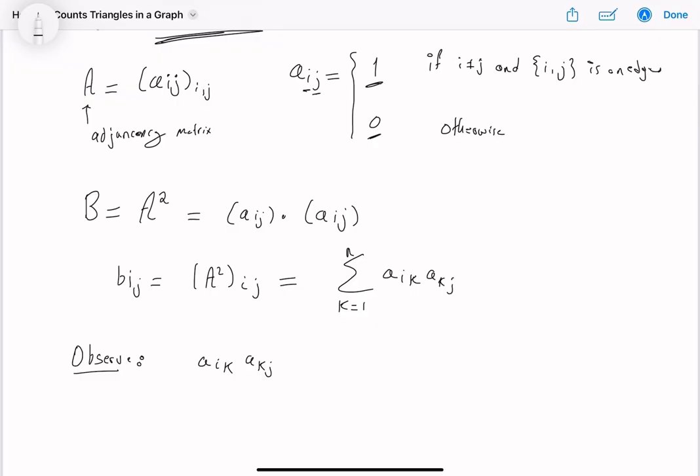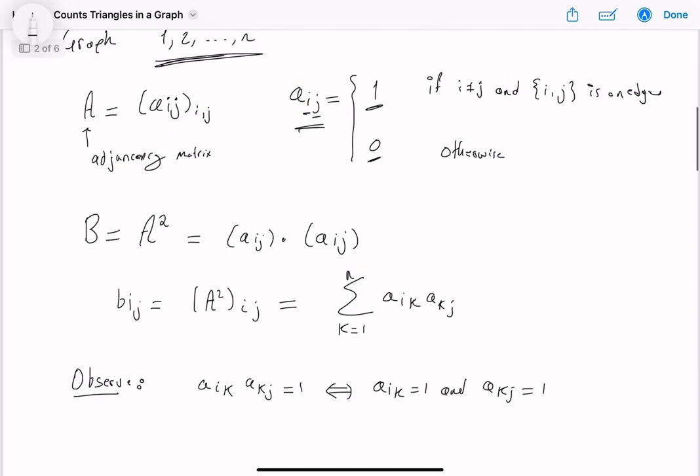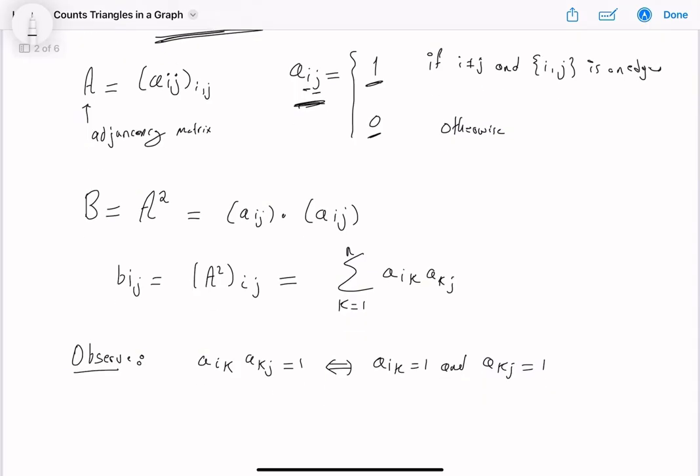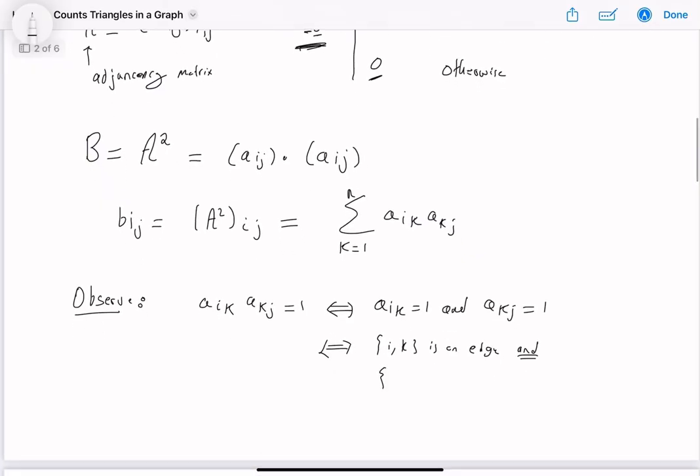This is gonna be 1 if and only if Aik is 1 and Akj is 1, because of the very definition of Aij. And this is gonna be 1 if and only if ik is an edge and kj is an edge.